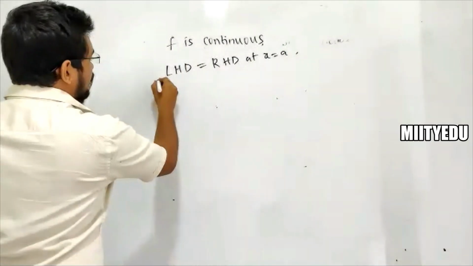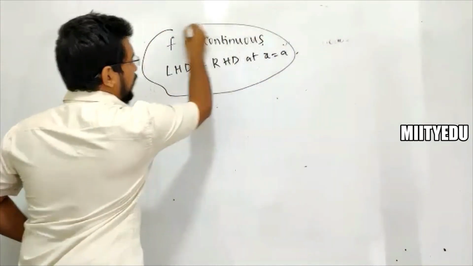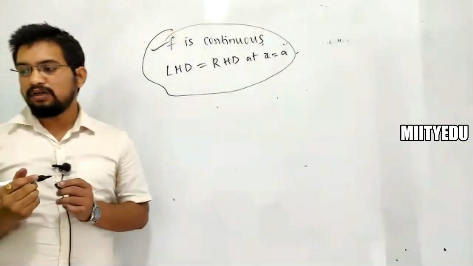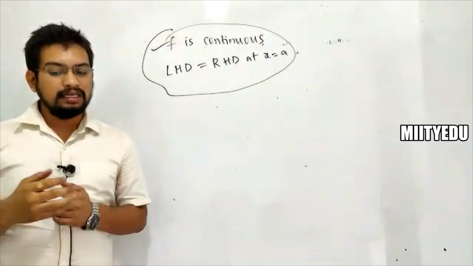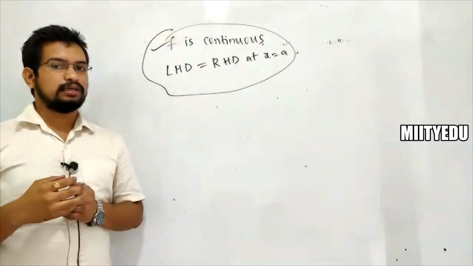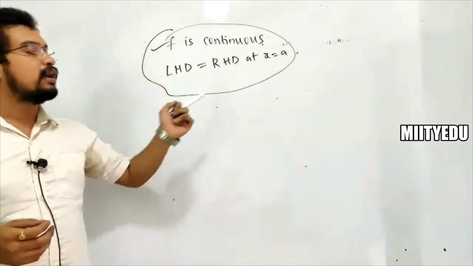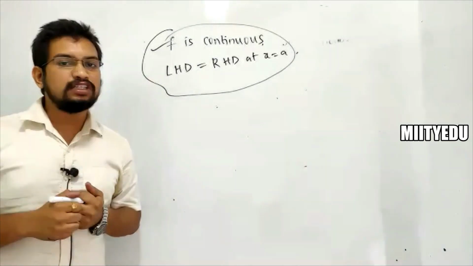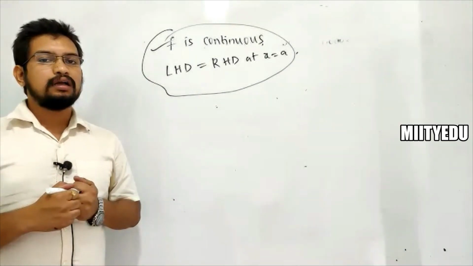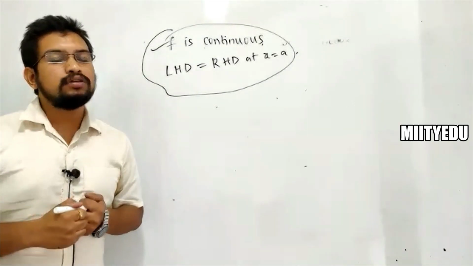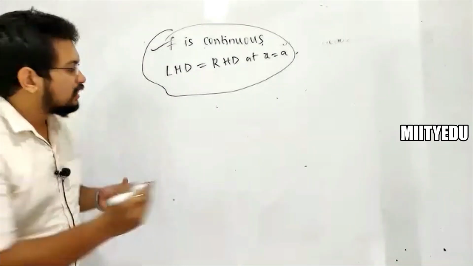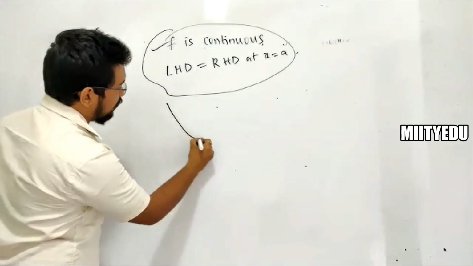If these are existing, the first primary condition is that f has to be continuous. After that, if the left hand derivative and right hand derivative at x is equal to a, if these two are absolutely equal, then you say that the function is differentiable. That is what you have seen with respect to this graph.